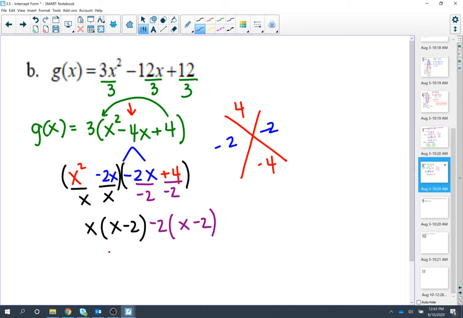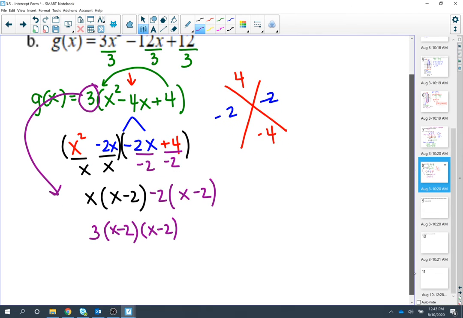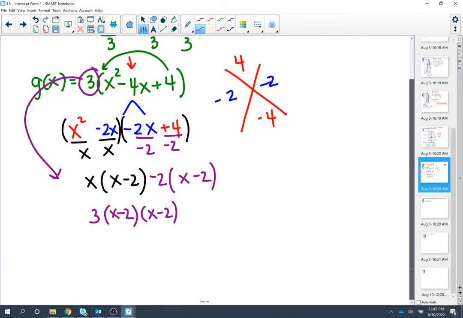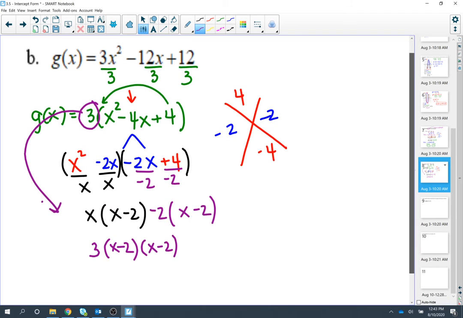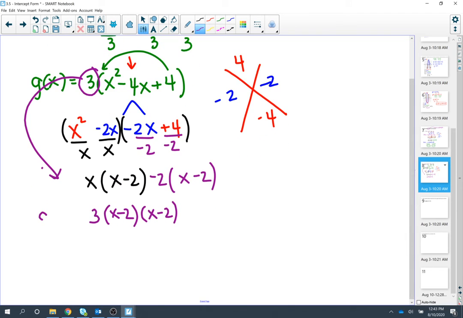Out of both of those, we're going to pull an x minus 2, which leaves us with an x minus 2. And then don't forget your 3. Now, one more thing. We could leave it like that, but if we were actually writing the function we would probably want to write g of x equals 3 times x minus 2 squared.